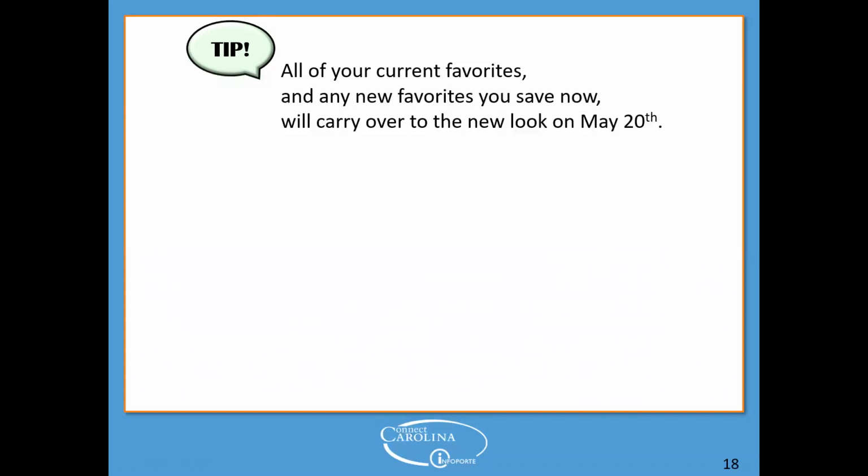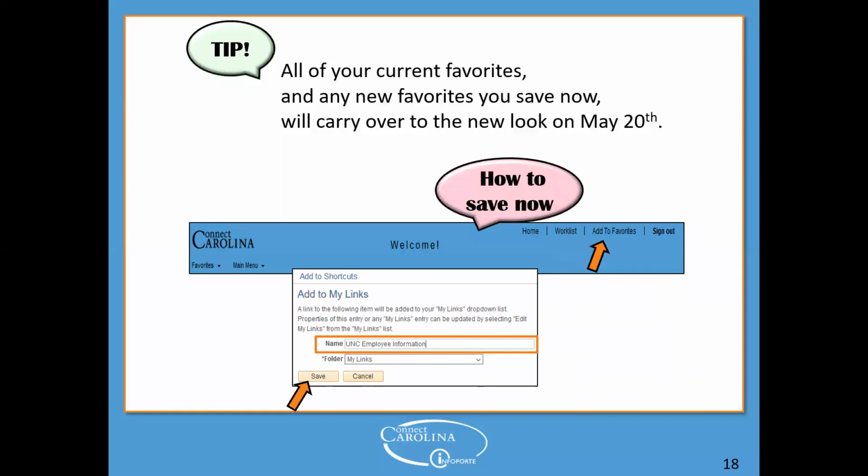So if you're at all concerned about not being able to get to the pages that you use frequently, or even pages that you use infrequently, you go there twice a semester or something like that, go ahead and save them as favorites now. It'll make it a lot easier when you're getting around in the system starting on May 20th.